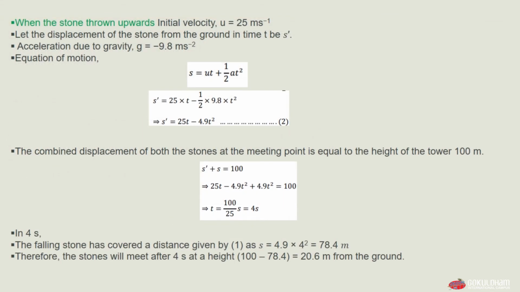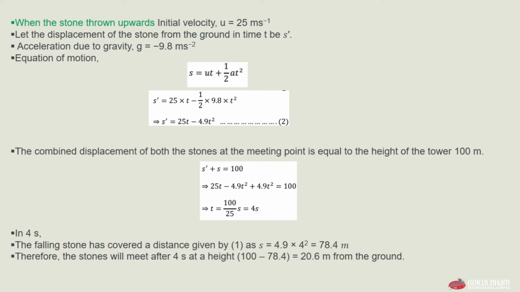Now what when the stone is thrown in the upward direction? At that time the initial velocity of the stone is 25 meter per second, which is already given in the question. And let the displacement of the stone from the ground be s dash. Means here also we have to take the displacement of the stone from the ground as s dash, and acceleration due to gravity g is minus 9.8 meter per second square, as we are throwing the stone in the opposite direction, from downward to upward.